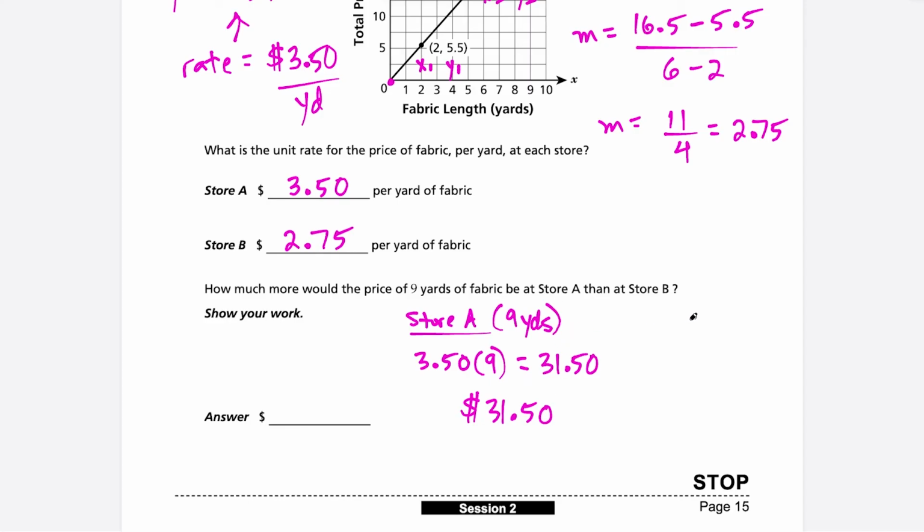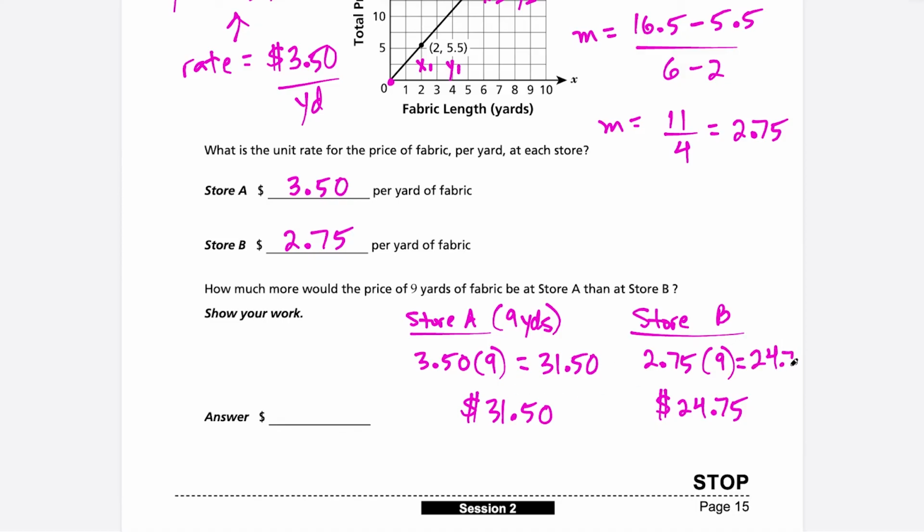And now for store B, we're going to use the rate that we found for store B. If we multiply 2.75 by 9, this works out to $24.75. All right, so that's how this one is working out. I'll write this over here so that it matches exactly how it looks over here.